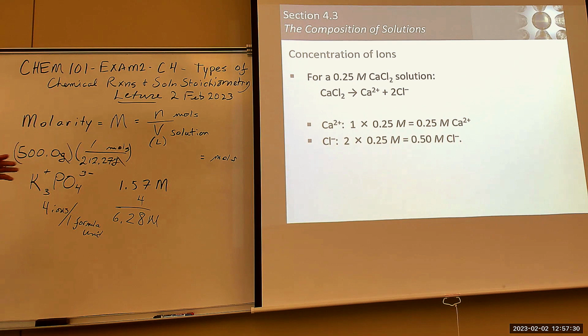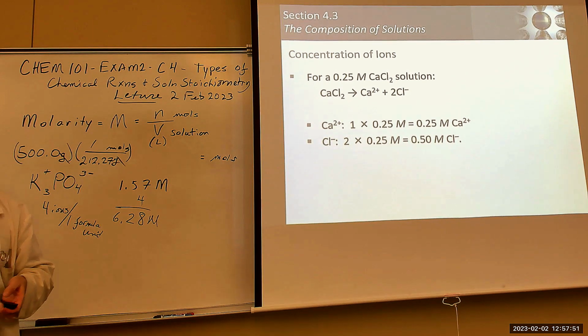Okay, this example says that 0.25 molar calcium chloride makes 3 ions, 1 calcium ion and 2 chloride ions. So if the concentration starts off at 0.25, you still got 1 calcium per unit. That means the calcium ions are still 0.25 molar.